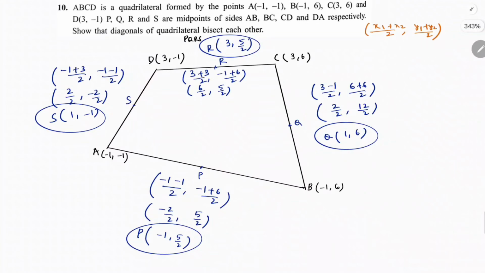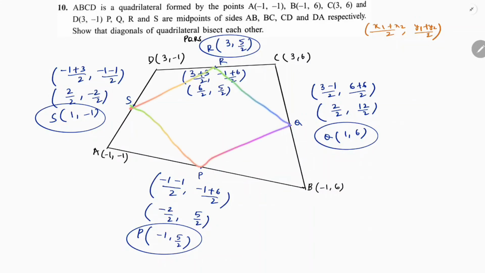Now we need to prove that the diagonals bisect each other. Definitely, if you join the midpoints of any quadrilateral, you will get a parallelogram, so the diagonals should bisect each other.